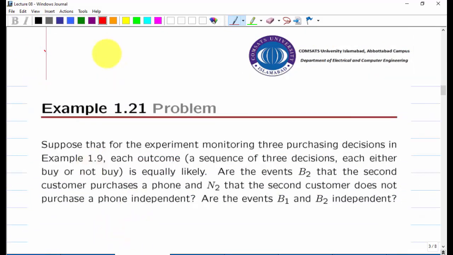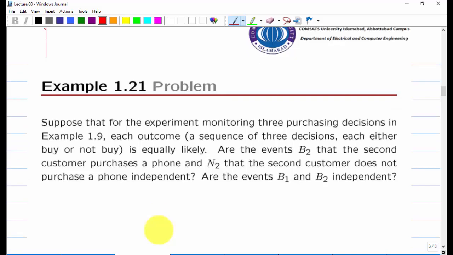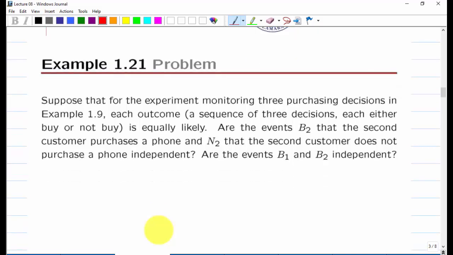It says that suppose that for the experiment monitoring 3 purchasing decisions in example 1.9 phone smarts company, each outcome sequence of 3 decisions, each either buy or not buy, is equally likely. So up till here we can see that its sample space would be looking at the 3 purchases, so whether the customer buys or not buys.